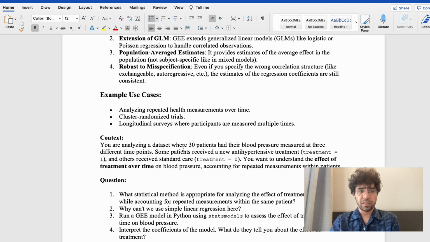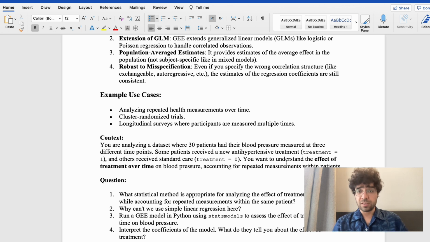The context: you are analyzing a data set where 30 patients had their blood pressure measured at 3 different time points, and some patients received the new treatment and some received standard care. Treatment 0 is standard care, and treatment 1 is the antihypertensive treatment, a new pill that you want to do the randomized controlled trial on.